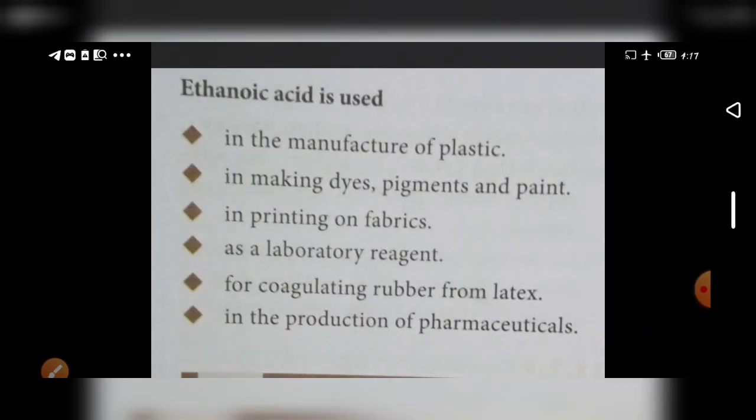Next uses: manufacturing of plastics, dyes, pigments and paints, printing on fabrics, as a laboratory reagent, for coagulation of rubber from latex, that is, the rubber milk is converted into solid form using ethanoic acid, and in the production of pharmaceuticals, that is, medicines.